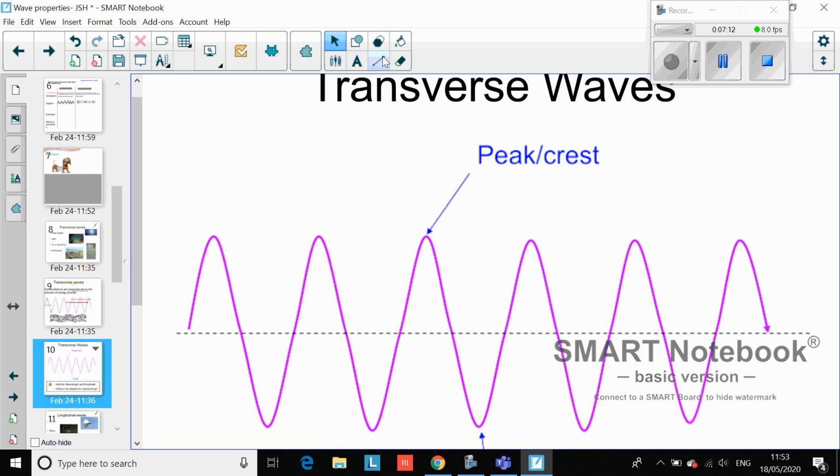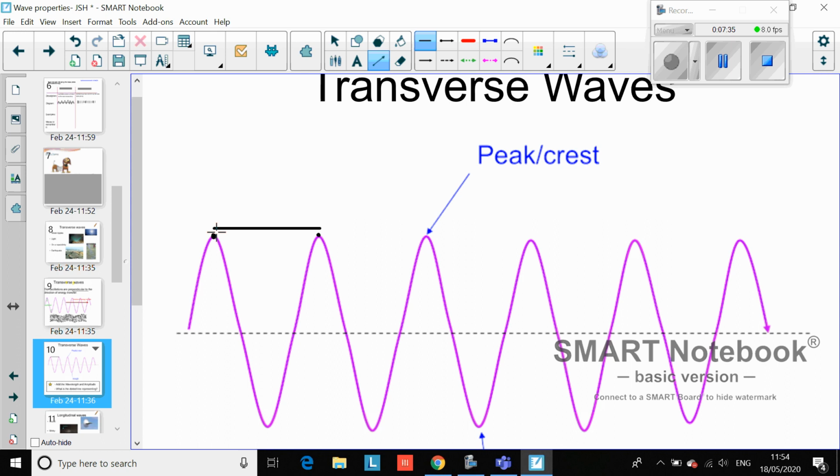For example, if you want to know that, then you'd very simply get a ruler and measure it. So the distance from one peak to the same point, or the next peak, I suppose, we call that the wavelength, and that's measured in meters.